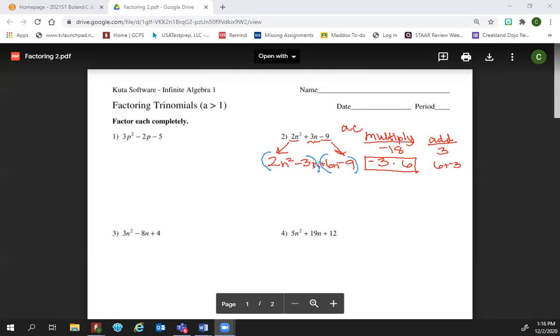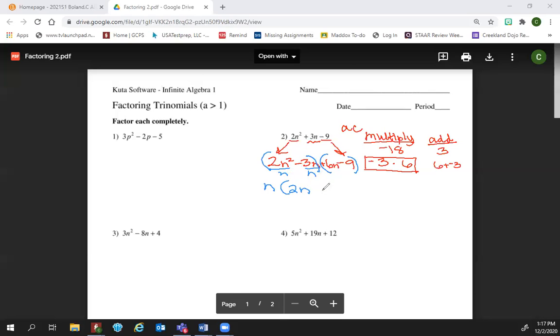Do you have anything you can divide 2 and 3 by? No. So the only other thing that I see inside those parentheses that they both have is the n, right? So I know I can take out an n. You don't have to put the division, but I just do it to remind yourself to put the n on the outside. When you divide, you're left with a 2n, right?